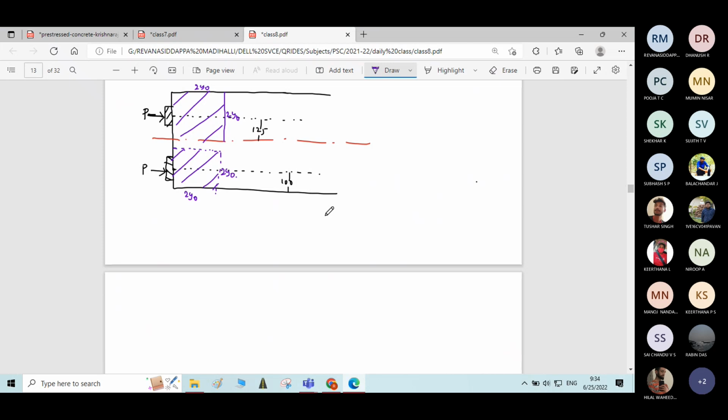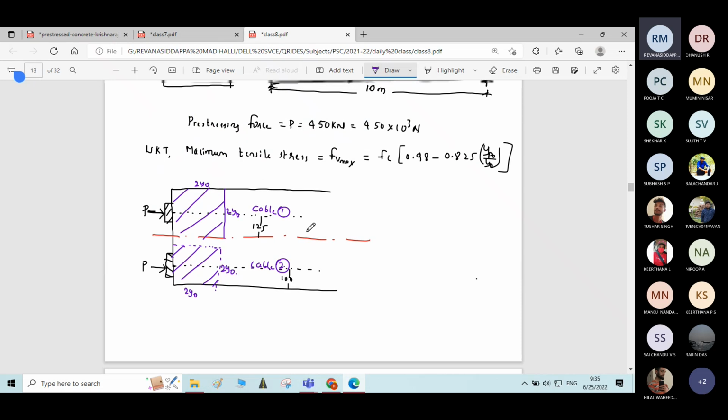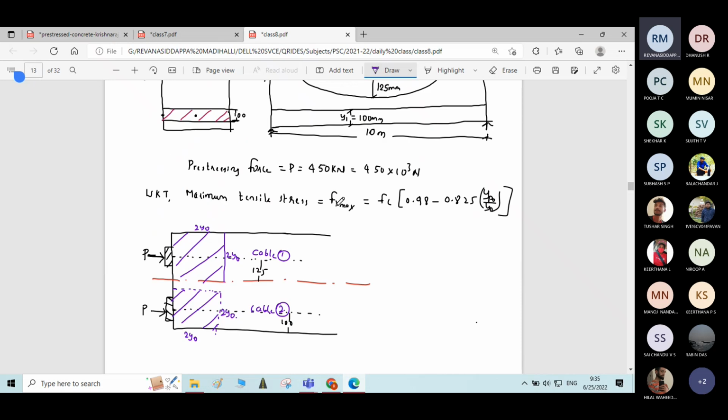So this is cable 1 and this is cable 2. Now, what is the question? The question is to find FE max. For both the cables individually, we will find the tensile stress.